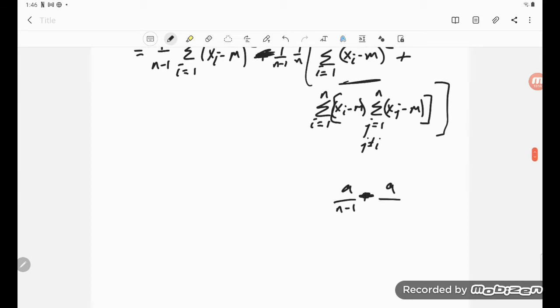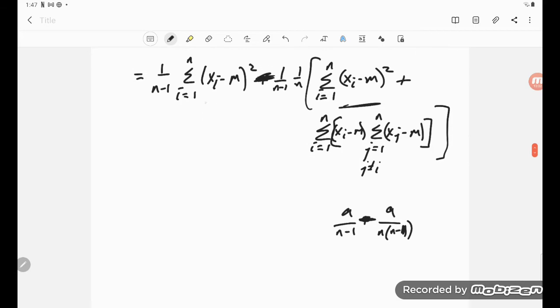And so I've got an a over n minus 1 minus a over n times n minus 1. And so those two summations up here are the a's in this case. And notice that if I get a common denominator, this becomes n times a and an n times n minus 1. And so this becomes a times n minus 1 over n times n minus 1.